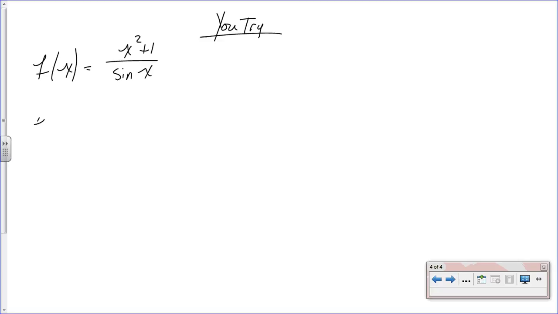All right. I'm going to have you try one now. So pause the video for a few seconds after I write the function down, and see if you can find f prime of x. All right, so pause the video and find f prime of x.